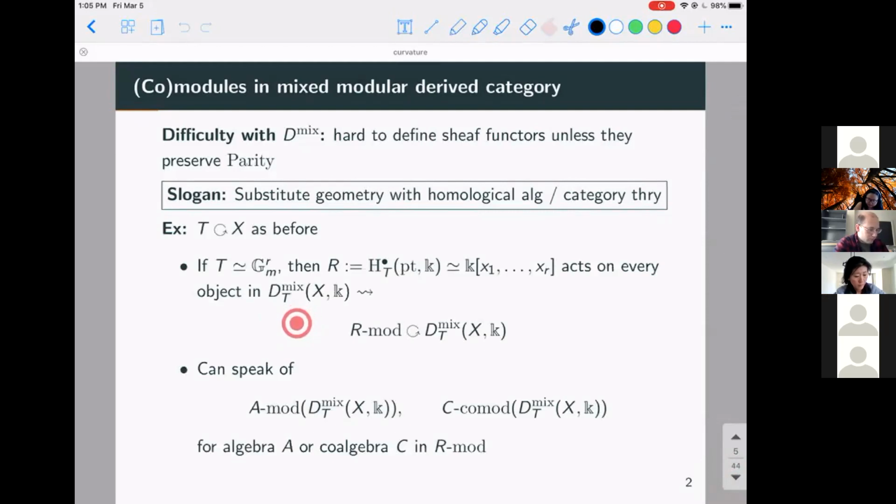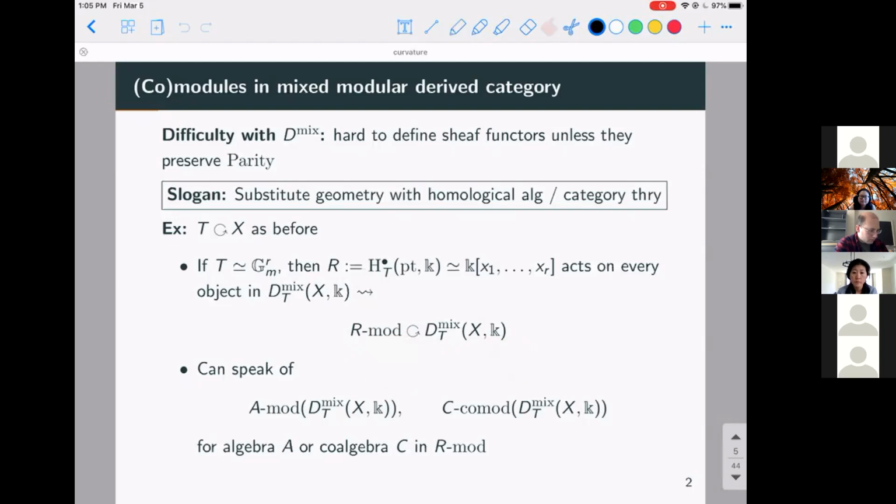So objects in this category have an action of the torus equivariant cohomology of a point, which is just a polynomial algebra R after you fix bases. You can soup that up to say that you have this whole monoidal category of R-modules, some suitable class of R-modules, acting on D mix T-equivariant as a module category.